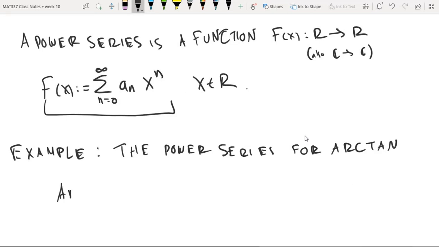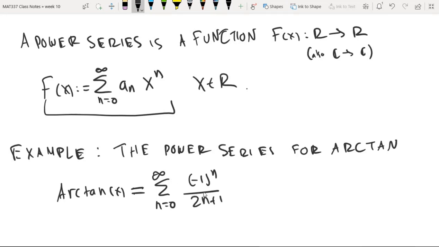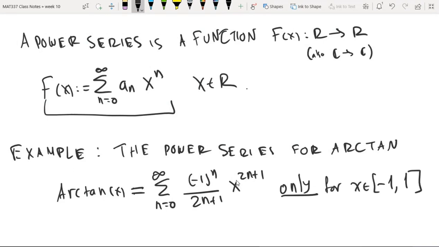Arctan of x, we found it to be equal to the summation from n equals 0 to infinity of (-1)^n/(2n+1) x^(2n+1). But this was only for, let me make it clear, only for x in (-1, 1).